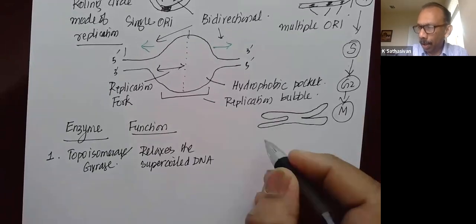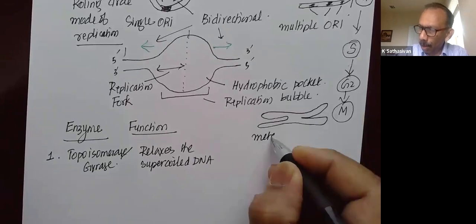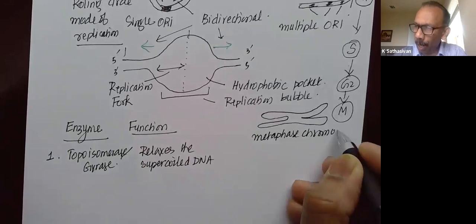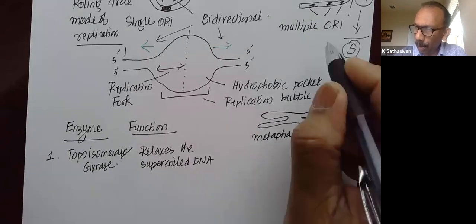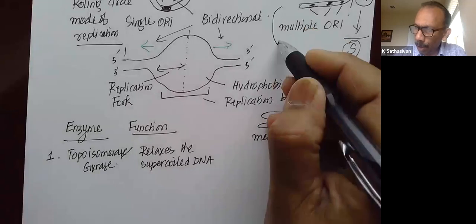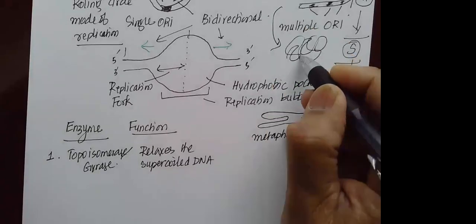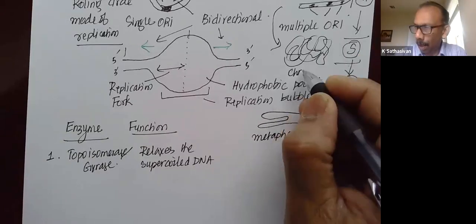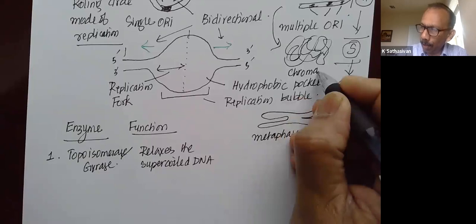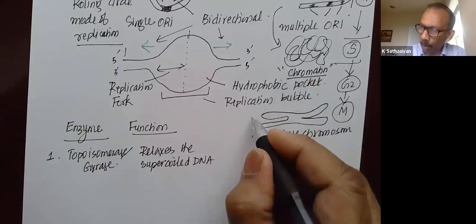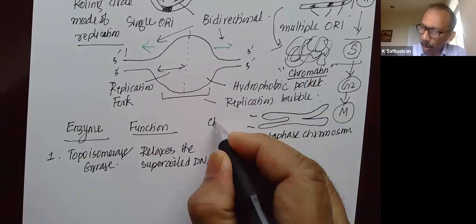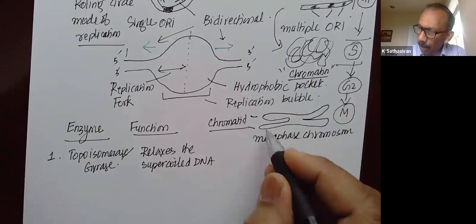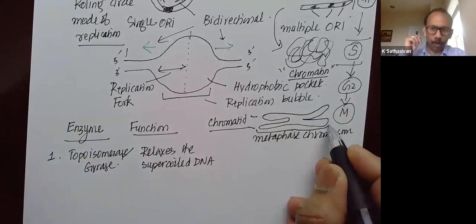During the S phase, the DNA is present as, anyone remember the term? Chromatin? Good, chromatin. And the individual strands of the DNA is a chromatid. And the entire chromosome, like this entire thing, is a metaphase chromosome. So keep track of those terms.